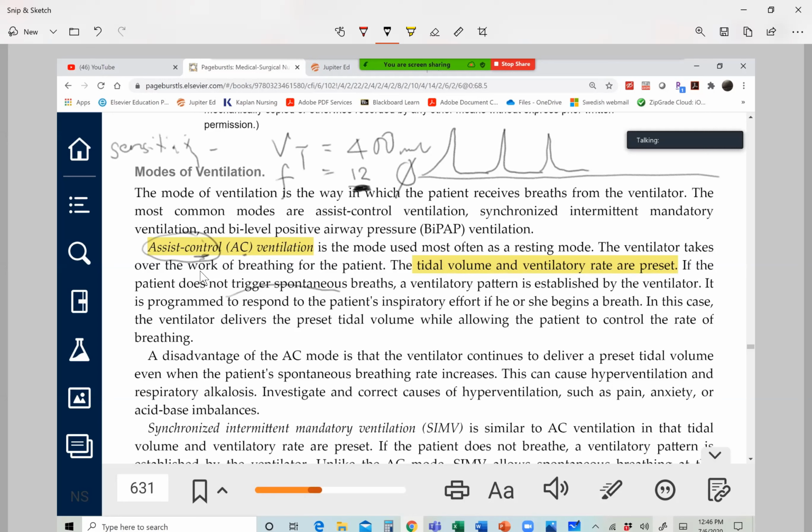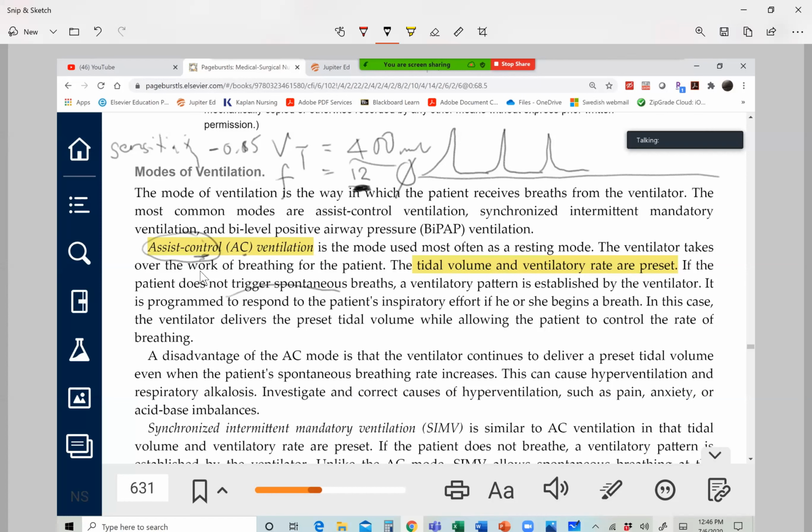Sensitivity is usually negative, around 0.05 centimeters of pressure. So if the patient takes a breath, that means the diaphragm contracted down, and therefore the vent will sense the negative pressure coming from the patient. When that happens, the patient will receive 400 ml.